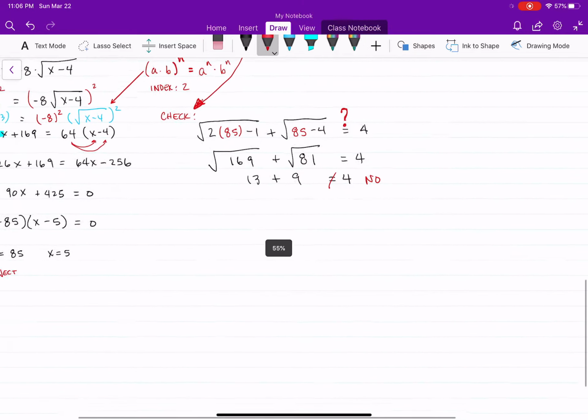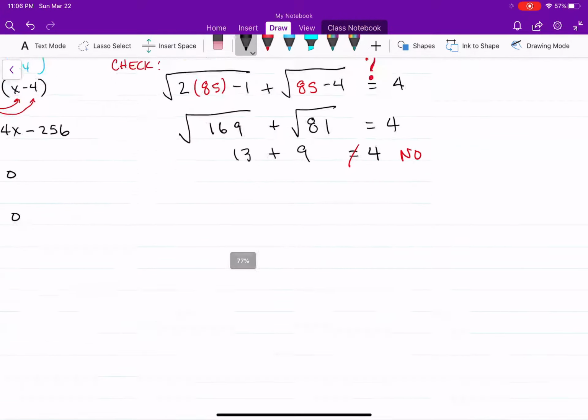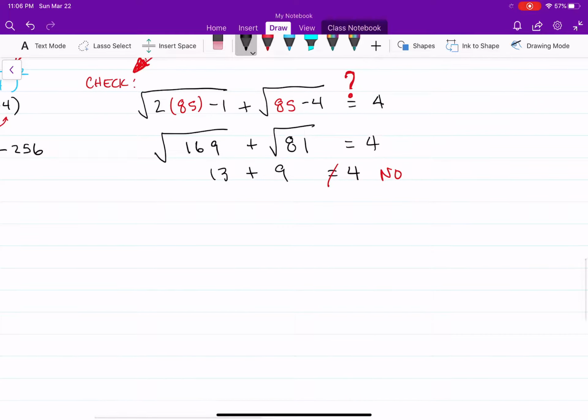Now I got to do the same thing again with the 5. Okay, so let's try that. So essentially I'm going to have the square root of 2 times 5 minus 1, square root of that, plus the square root of 5 minus 4, and see if that's equal to 4.